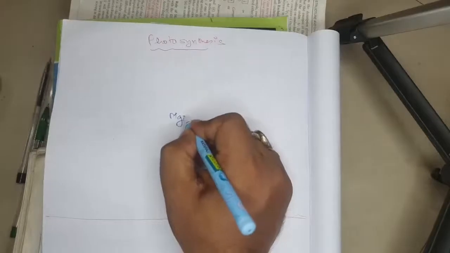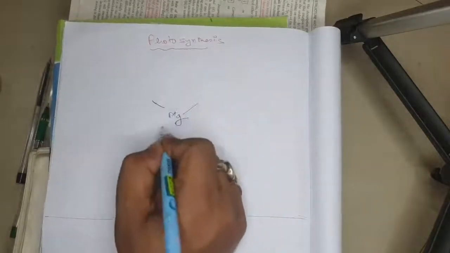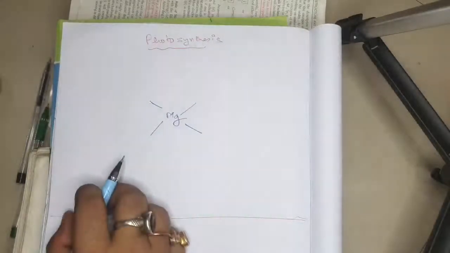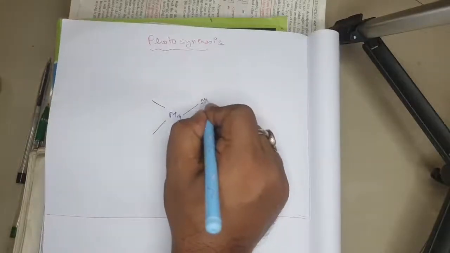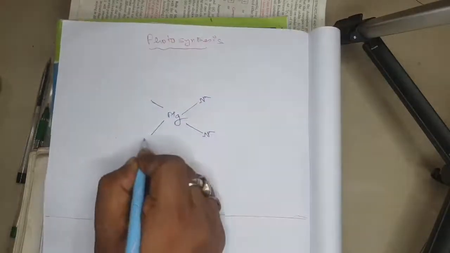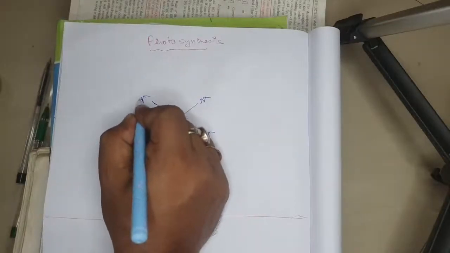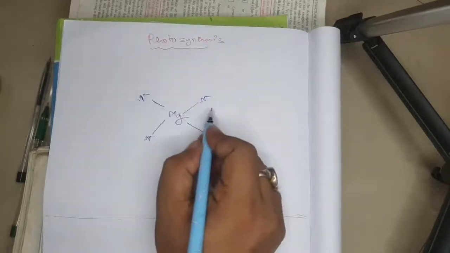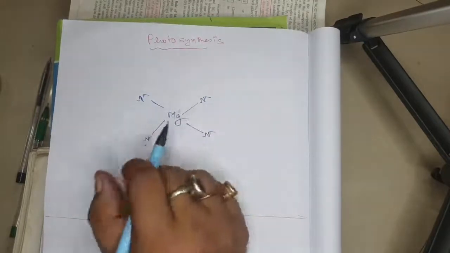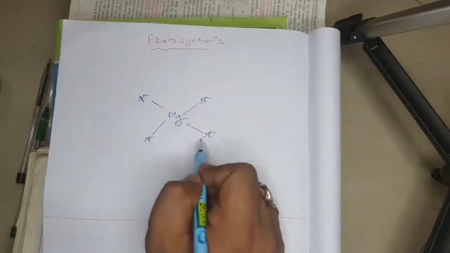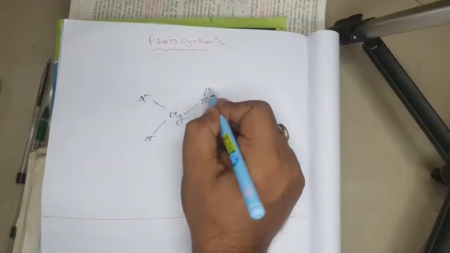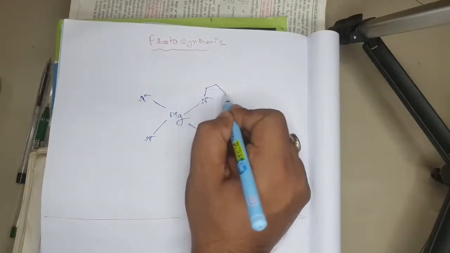Let me draw a magnesium atom. And when I have drawn the magnesium atom, let this magnesium atom be bonded on 4 sides with nitrogen. These nitrogen are a member of a 5-carbon ring, like this.